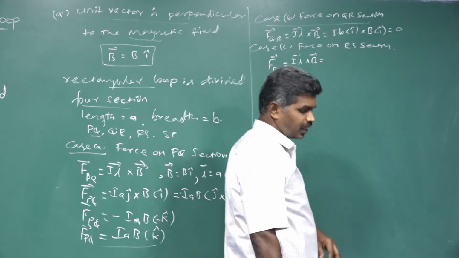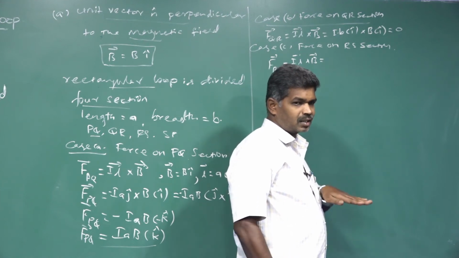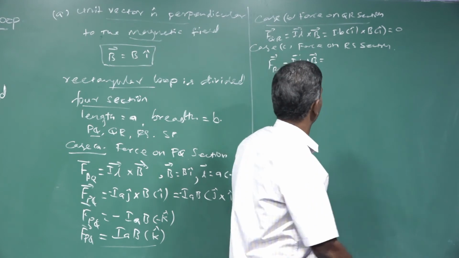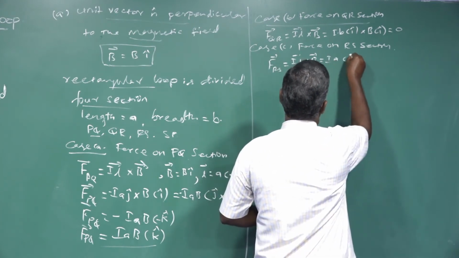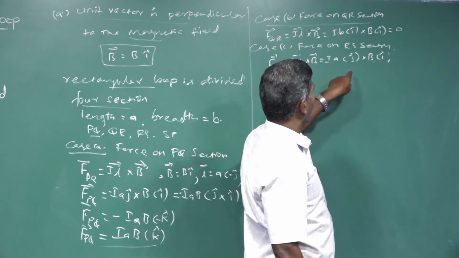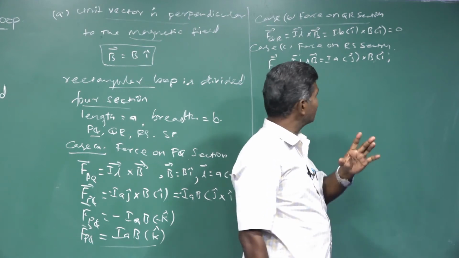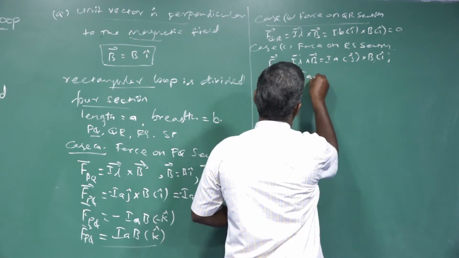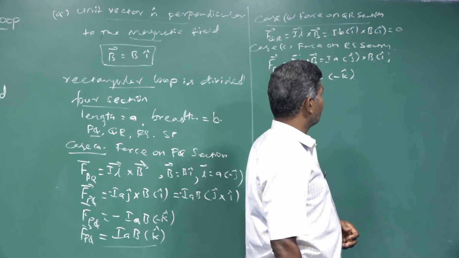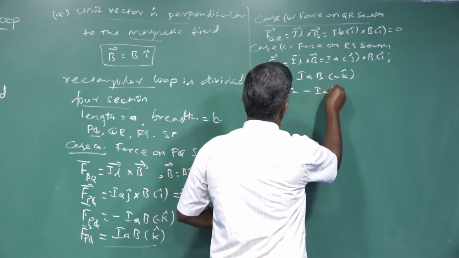The current flows from R to S along the y direction, and the magnetic field is along the positive x direction, so it is I a j cap cross B i cap. j cap cross i cap is minus k cap, so F RS vector equals minus I a B k cap.